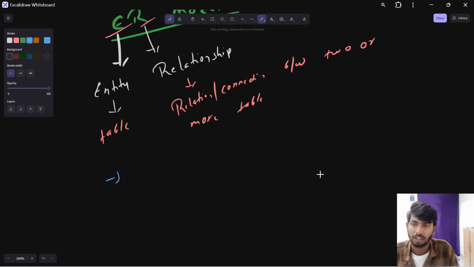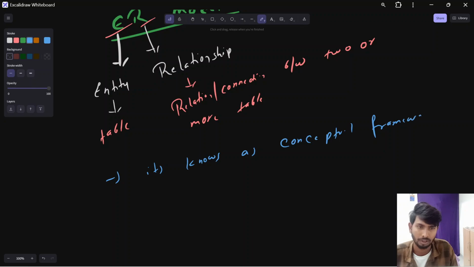It's also known as a conceptual framework. Okay, we can say it's known as conceptual framework.